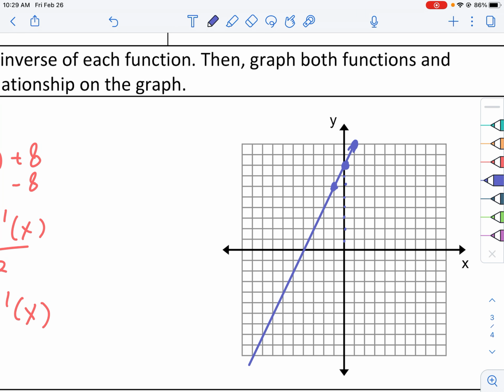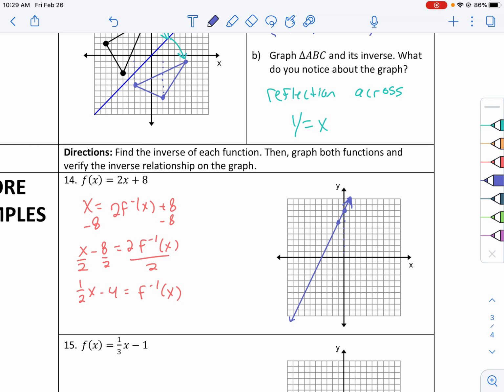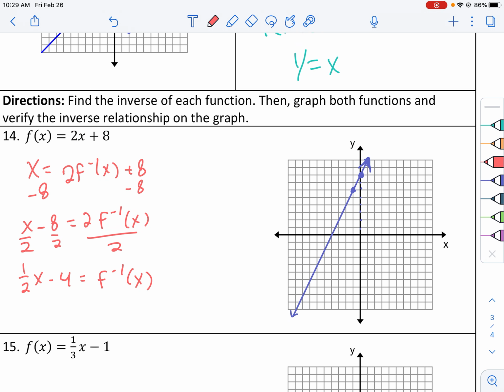Let's see if we can graph this well. Looks pretty good. The other graph is negative 4 as the y-intercept, 1, 2, 3, 4. And then it's up 1 to the right 2, or down 1 to the left 2. So then we can graph this function.